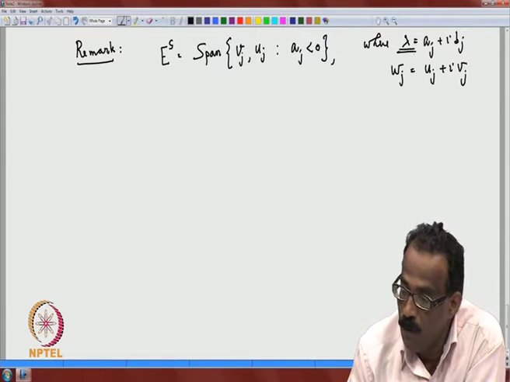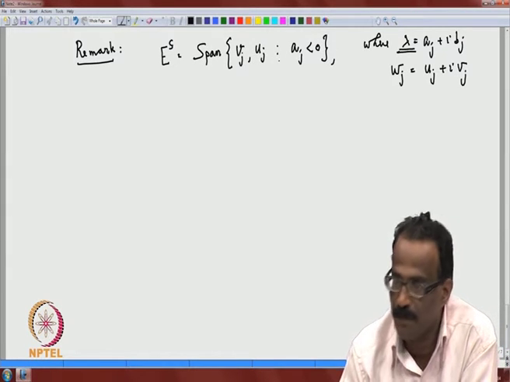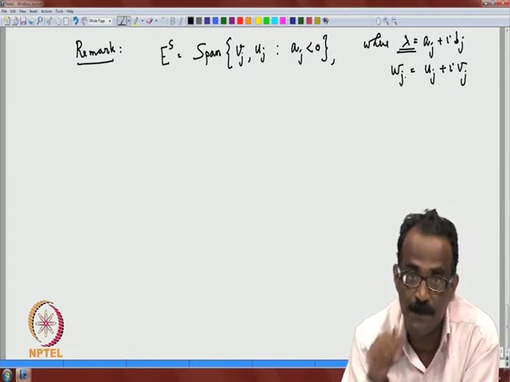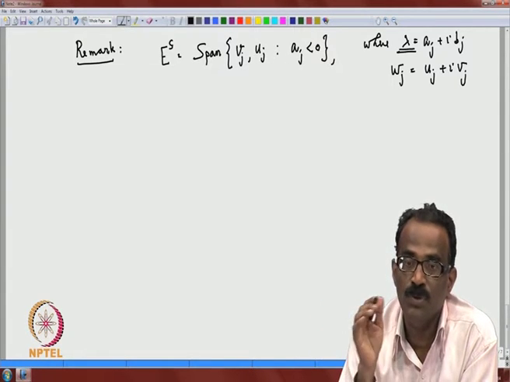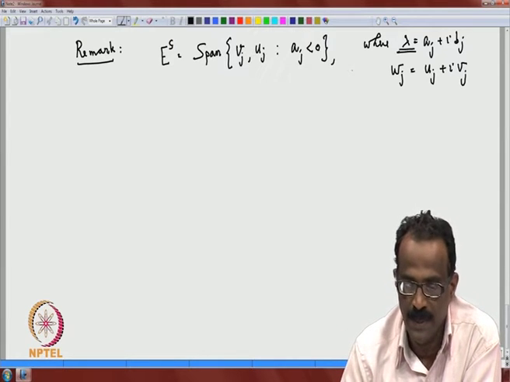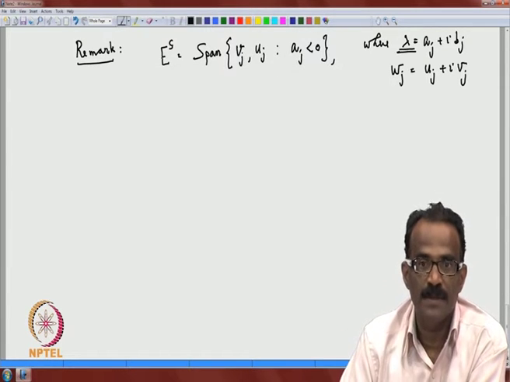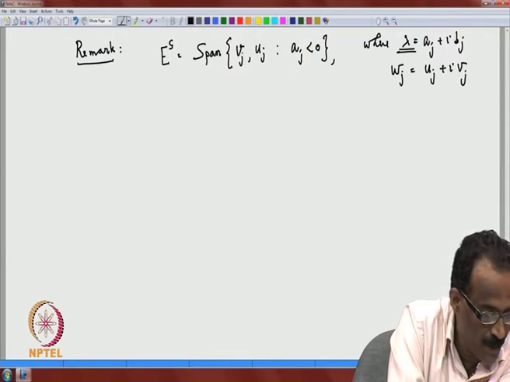So look at all the eigenvectors, the real and complex parts of the eigenvector, corresponding to a real eigenvalue or an eigenvalue whose real part is negative, and collect all that and span it. That is called the stable part.